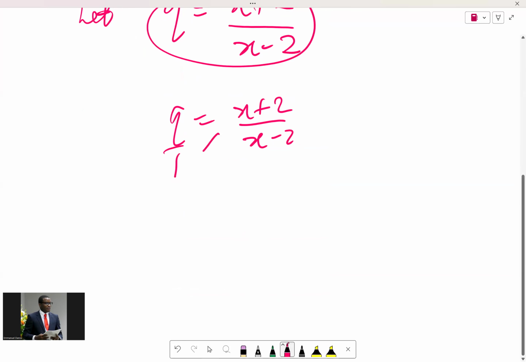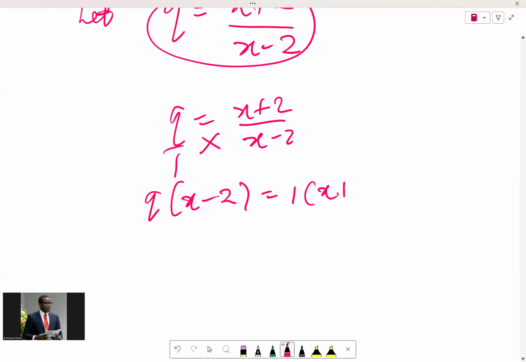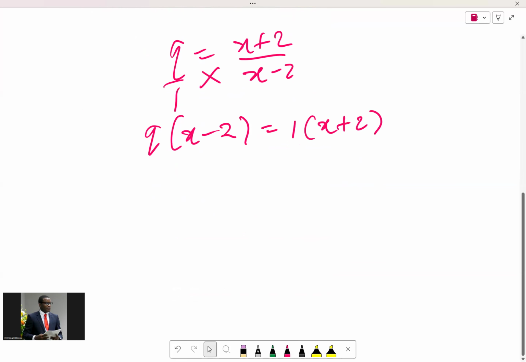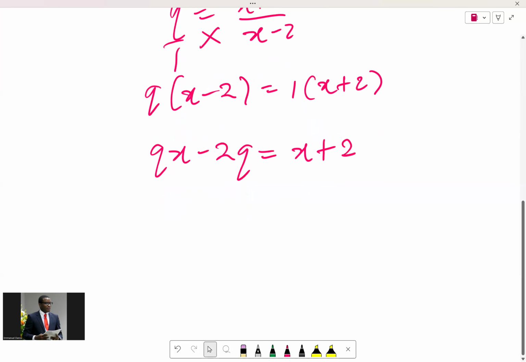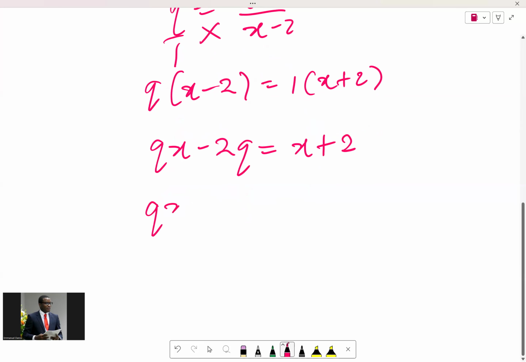So the next thing we can do is to cross multiply such that we have q into (x - 2) equals 1 into (x + 2). That means we have qx - 2q equals x + 2. We want to make x the subject, so we have qx - x, transferring this x here.